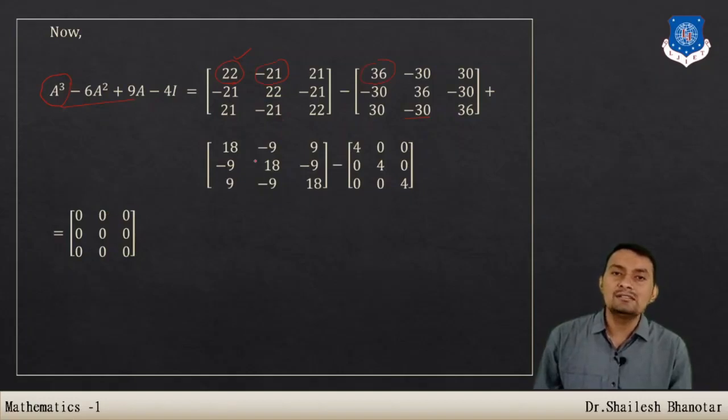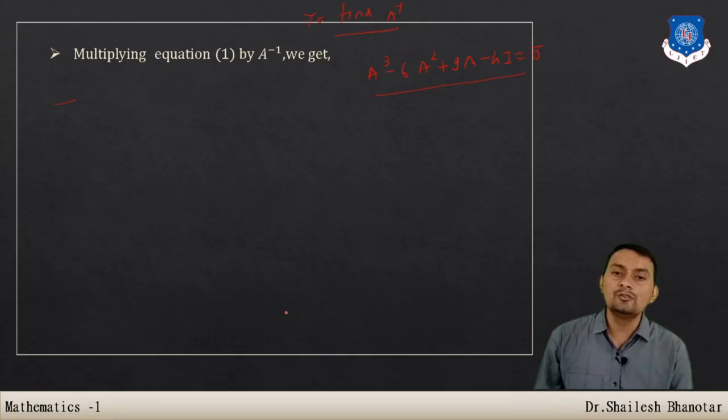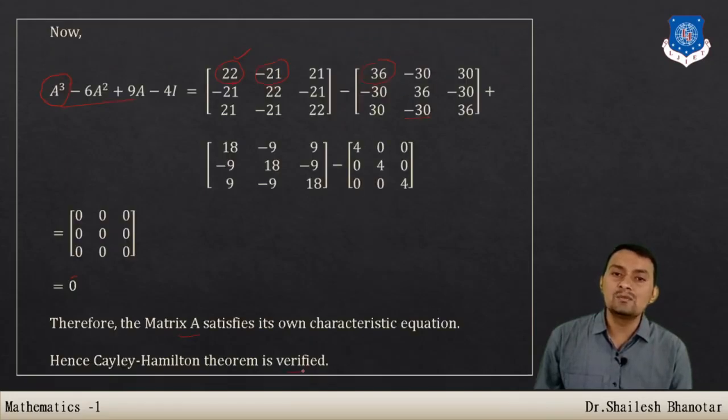So whenever you consider each and every corresponding entry of these matrices, all entries will be 0, and that is exactly our zero matrix. That means the matrix A satisfies its own characteristic equation, and therefore the Cayley-Hamilton theorem is verified.